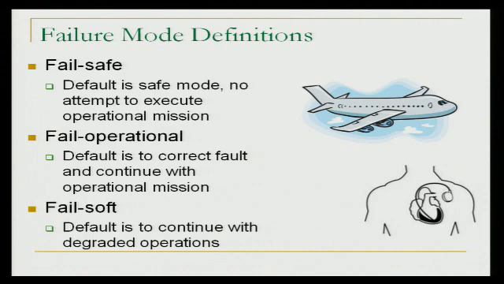And then fail soft is where you continue with degraded operations. In a network, for example, if you had a failure, you can route around the failure, maybe operate in a degraded mode, but you're still operating, right?